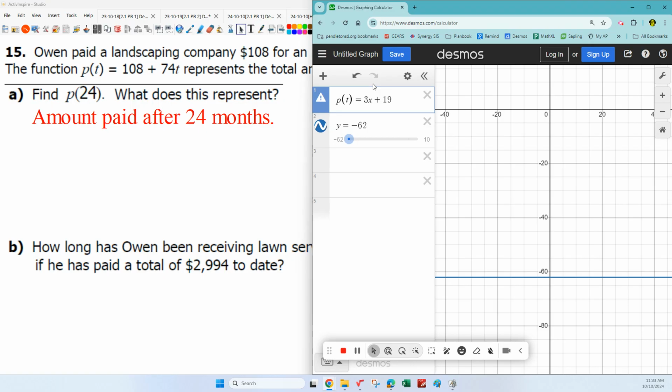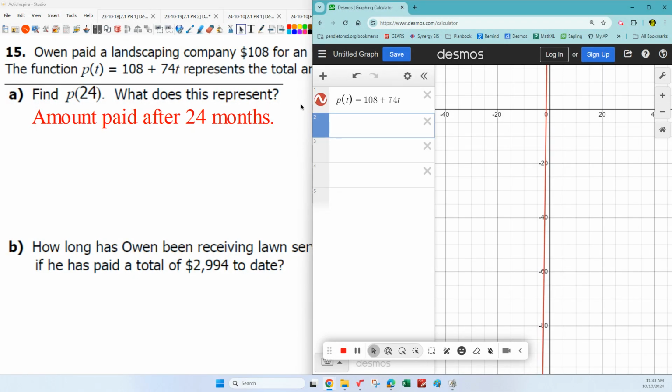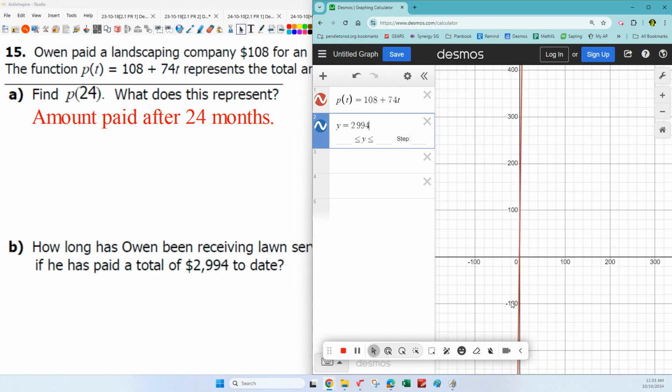If my input is a T, I need to use T's in the rule or the formula part, right? 108 plus 74T. Okay, there's my graph. And what y value am I plugging in? 29.94. And then I would just have to go find that intersection.